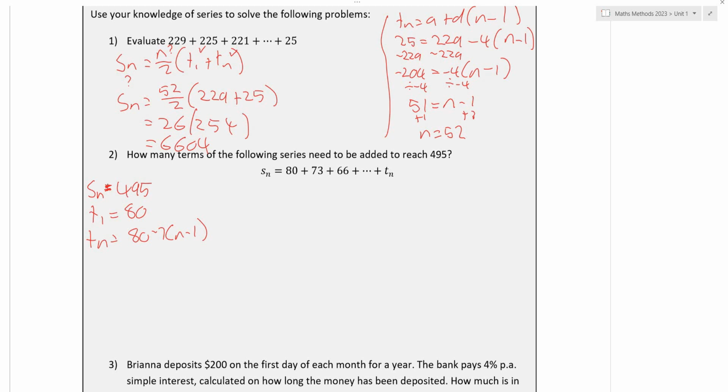Let's chuck this into a rule and see what we get. Sn equals n on 2, bracket, T1 plus Tn. Do I know what Sn is? Yep. Do I know what n is? No. I do know what T1 is, which is 80, and I kind of know what Tn is.